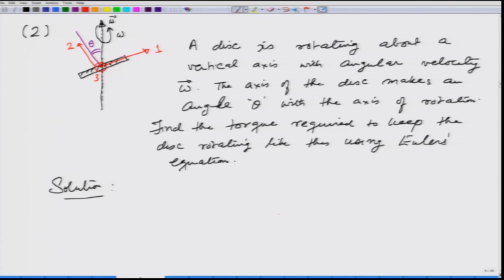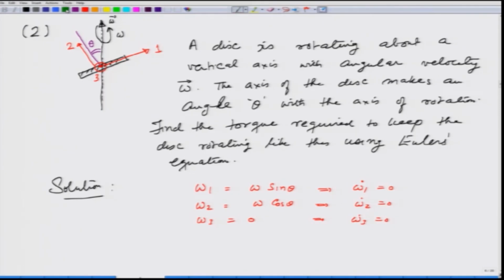As the disc rotates, obviously these axes are rotating, but what remains the same is that omega 1, the component of omega along axis 1, is omega sine of theta, and this gives me omega 1 dot equal to 0. Omega 2 is equal to omega cosine of theta, and this gives me omega 2 dot equal to 0. Omega 3 always remains 0, and this implies omega 3 dot is also 0.